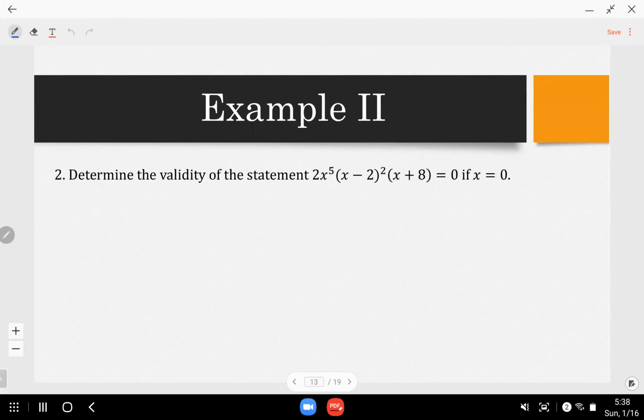There's not actually a lot of notes here today because we just reviewed a lot, and the main concepts are substitution and evaluation. So, determine the validity of the statement. Ooh, big word, validity.